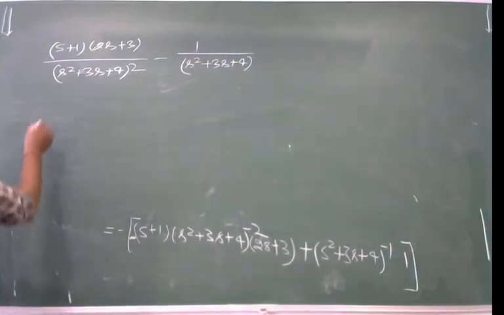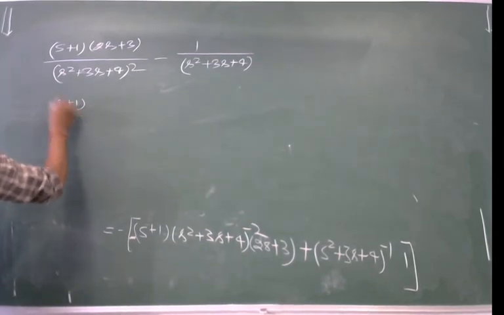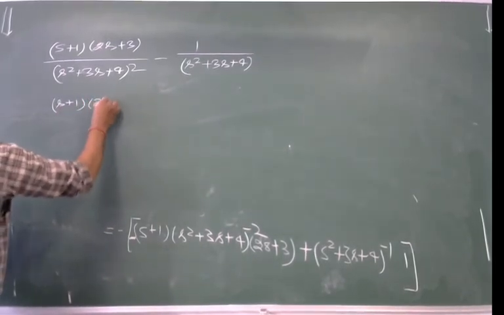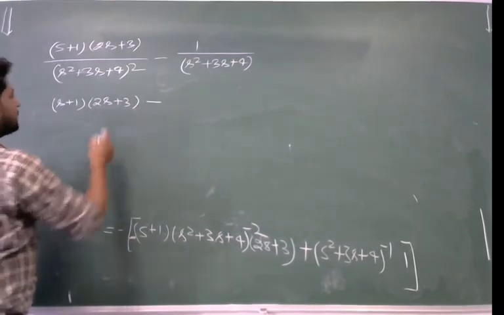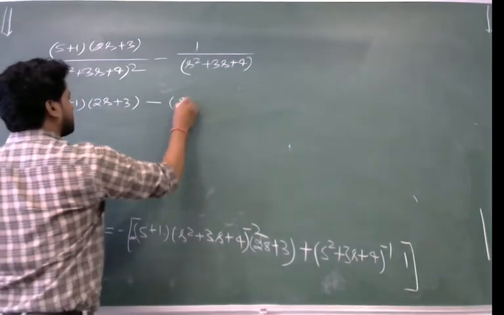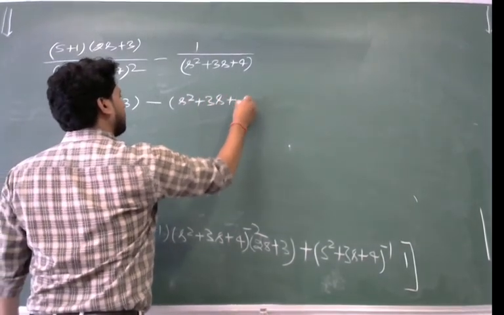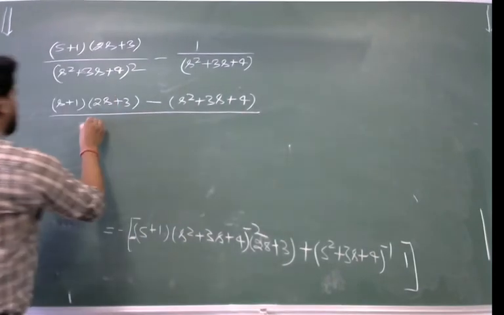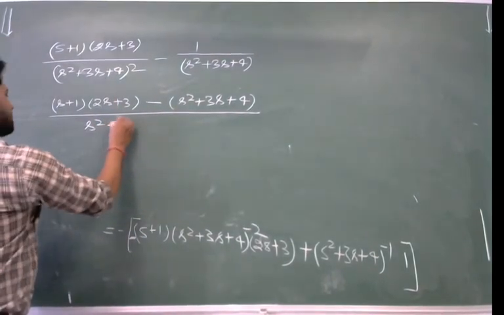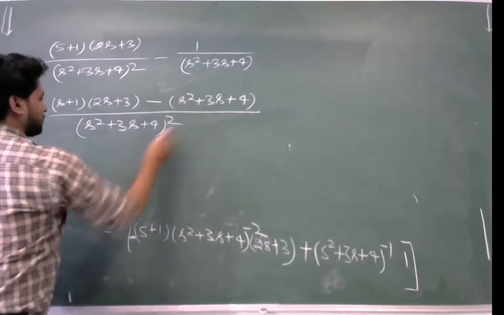Or this can further be simplified as [(s + 1)(2s + 3) minus (s² + 3s + 4)] divided by (s² + 3s + 4) whole square.